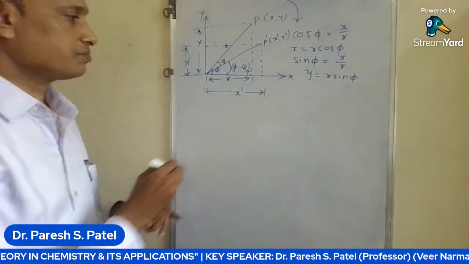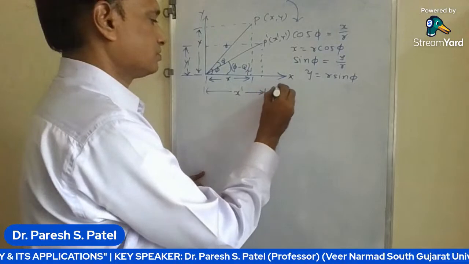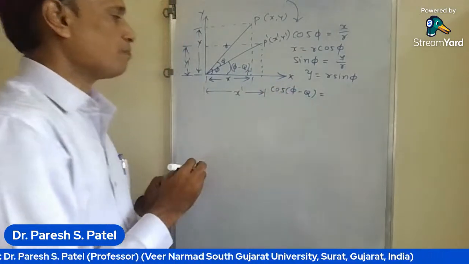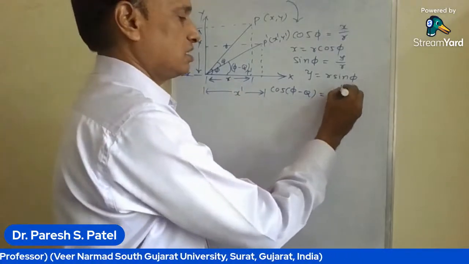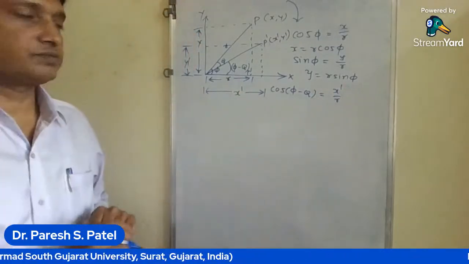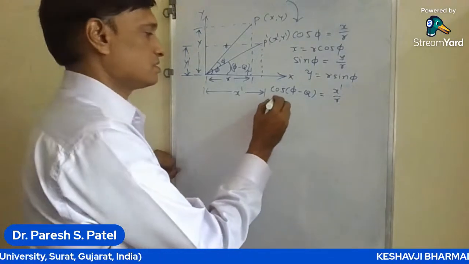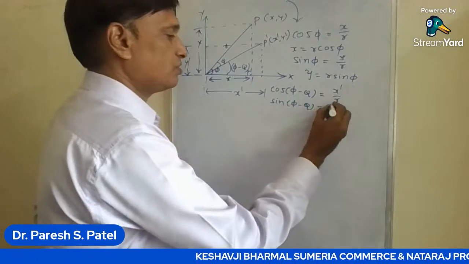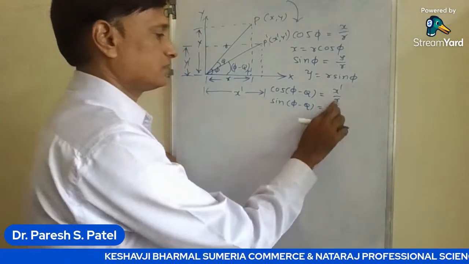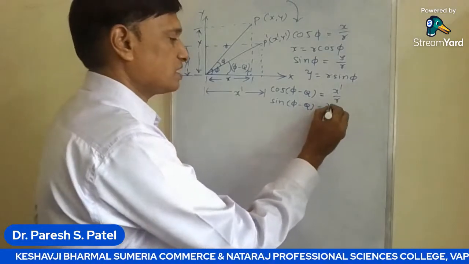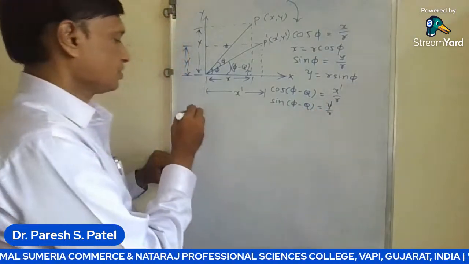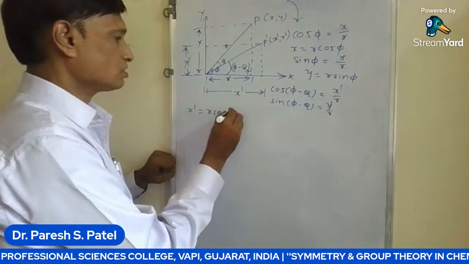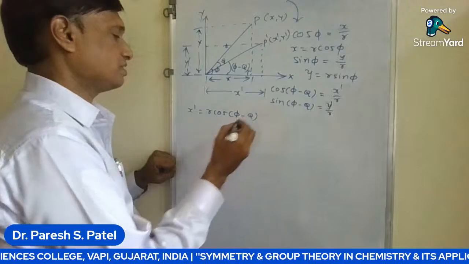Cos(phi minus theta) is equal to base x dash divided by hypotenuse r. Similarly, sin(phi minus theta) is equal to y dash by r, front side divided by hypotenuse. So x dash is equal to r cos(phi minus theta).